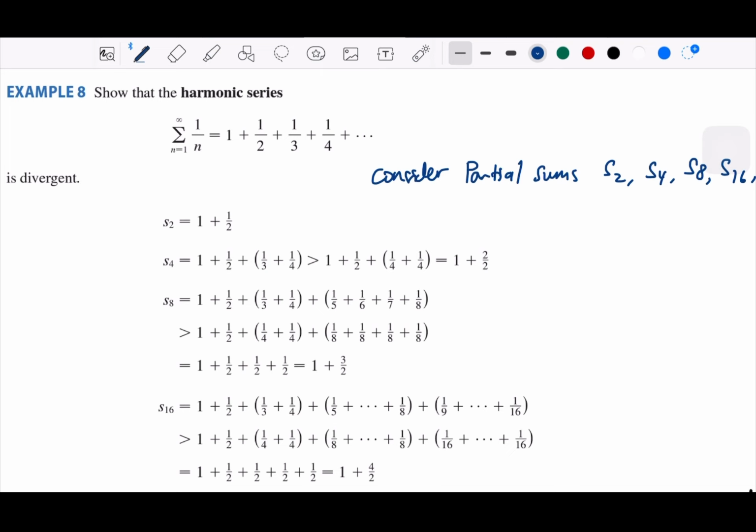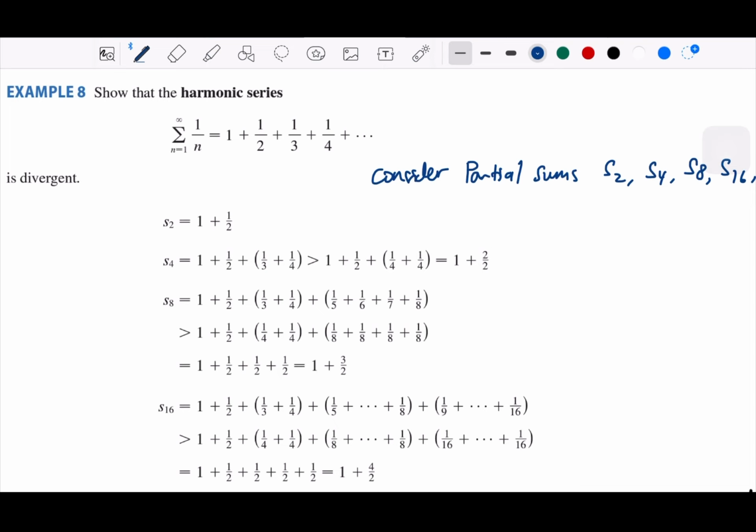And then for S8, we take all terms until 1 over 8, and we compare with another sum where we change the 1 over 3 to 1 over 4, and 1 over 5, 6, 7 to 1 over 8. This is to show that the original is going to be larger than this one. And we can add this, because it's easy to compute: 1 over 4 plus 1 over 4 is half, and another half. So 1 plus half plus half plus half. It's going to be 1 plus 3 over 2. The same thing for S16, and if you want, you could check S32 also.